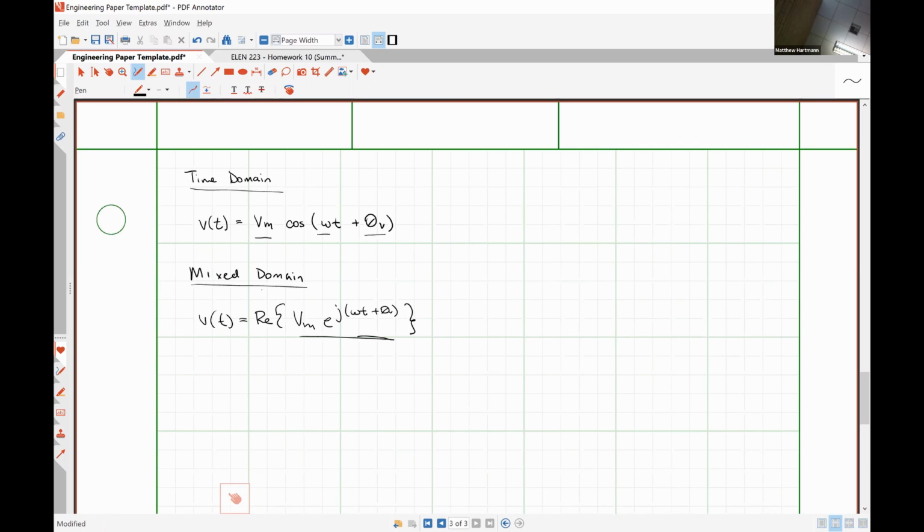And the reason this works is the superposition principle, effectively. Euler's identity, e to the j omega t, can be written as cosine omega t plus j sine omega t.